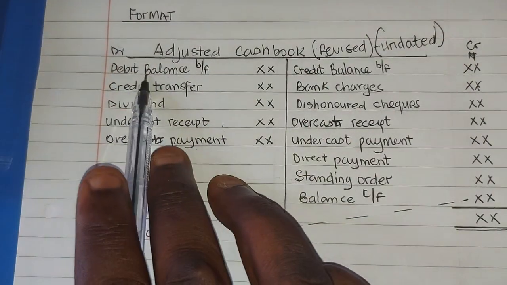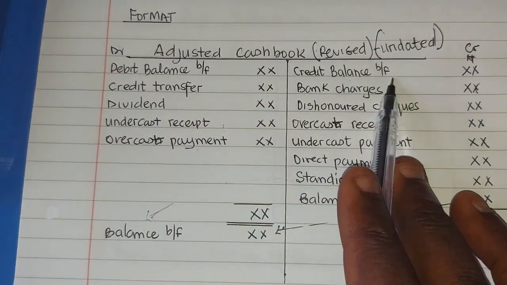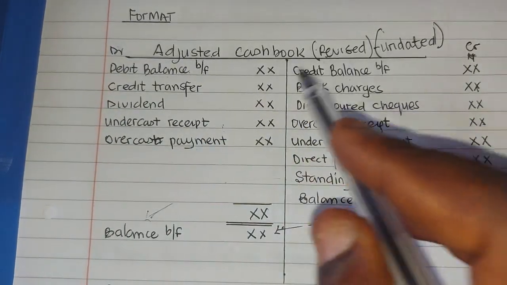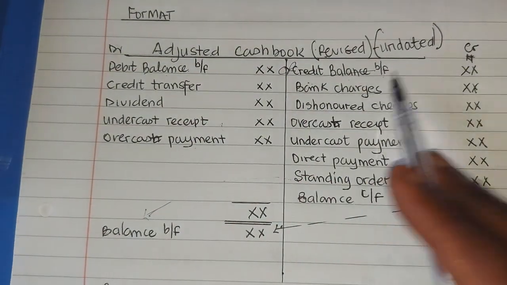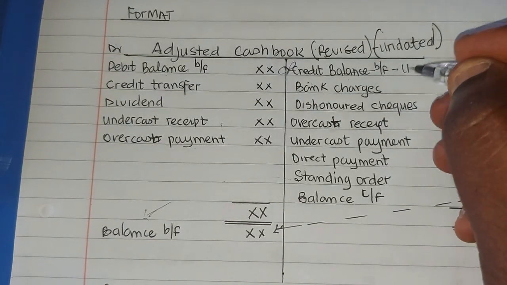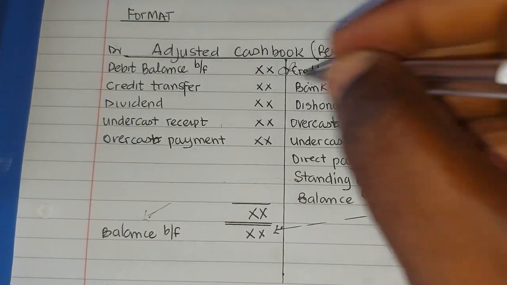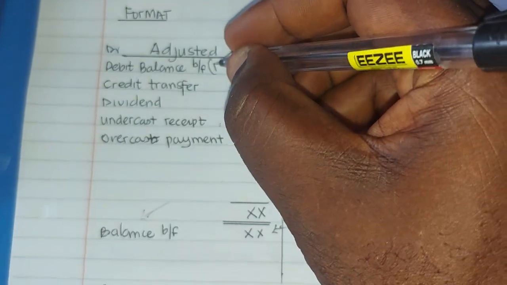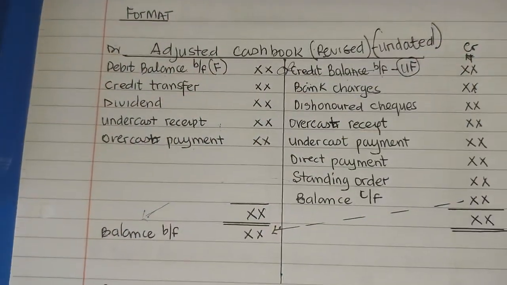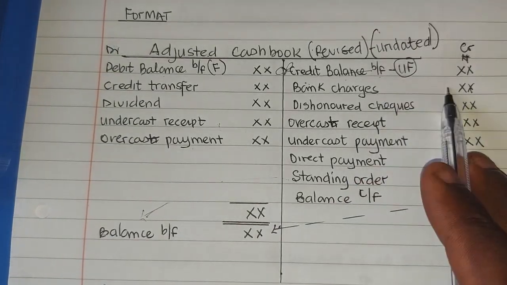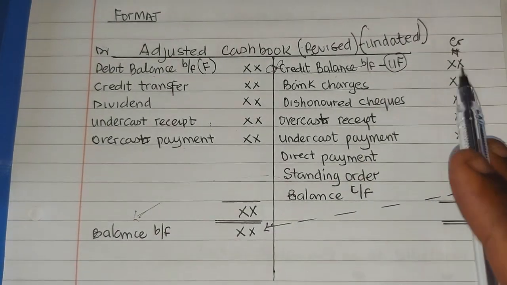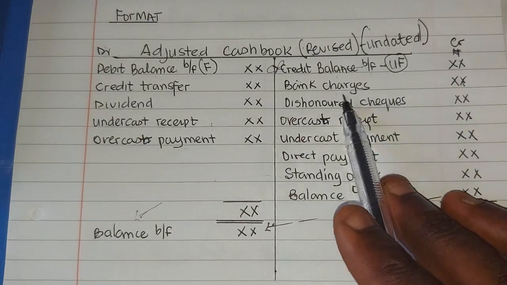Don't forget, you cannot have two balances. It's not possible. So it's either this or this. When you have a credit balance, this is an unfavorable balance, while this is known as a favorable balance. All right, then bank charges, of course, will be credited. That is payments out of the bank balance.